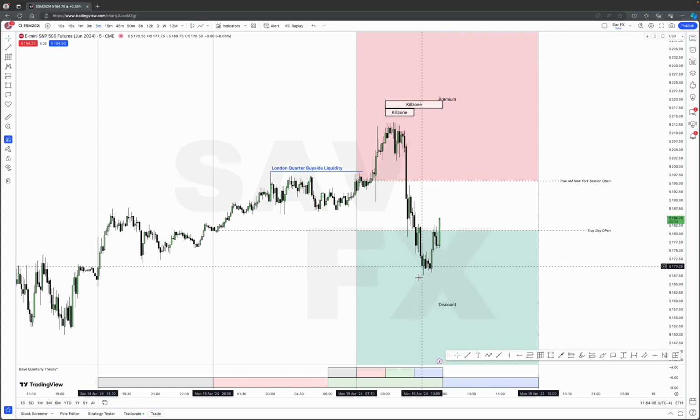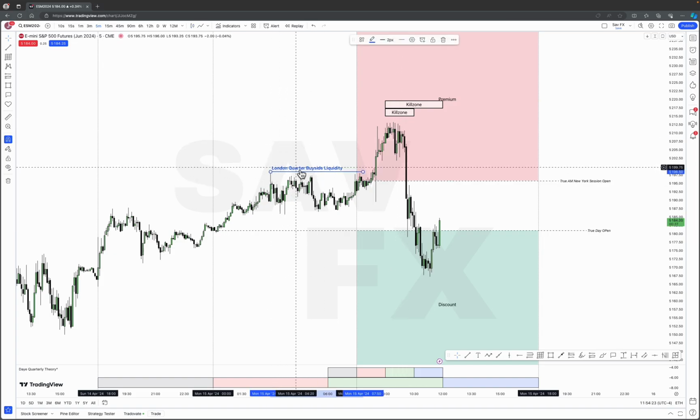The reason it does that, right, is that the only way, in fact, that Q4 can be a reversal is after it has swept external liquidity, meaning Q3 distributed after sweeping the London quarter buy side, right?